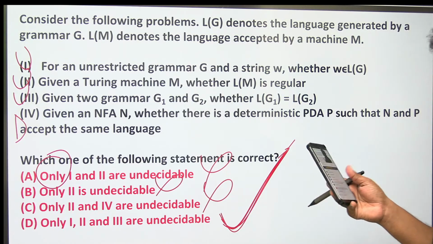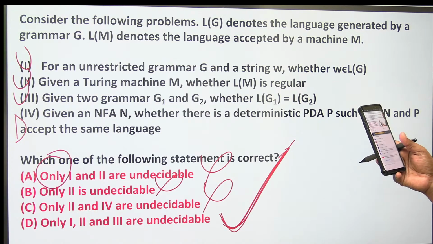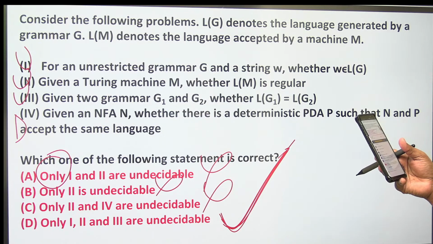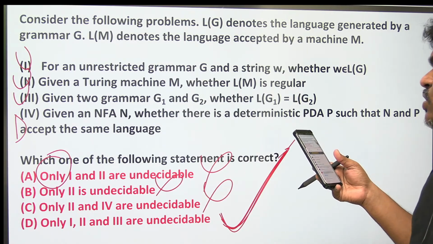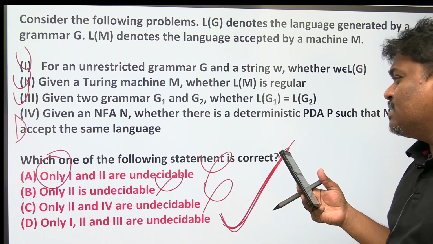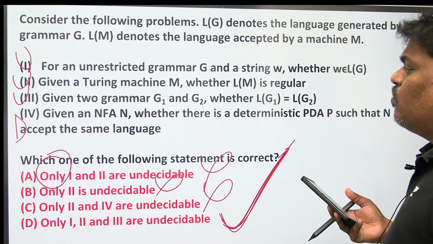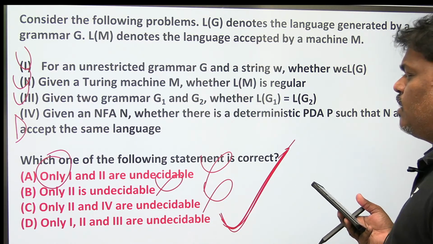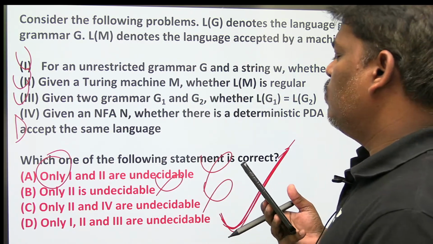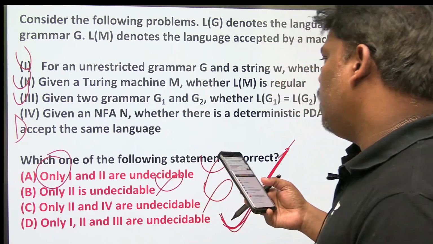The larger one is unrestricted grammars. So when you say the third one is true, it means for every grammar it is true. Given two grammars G1 and G2, whether L of G1 is equal to L of G2, I cannot say for everything. Sometimes it is possible, sometimes not possible. Sometimes possible for regular, but for other grammars not possible. One case fails also, fail only. Please be careful.